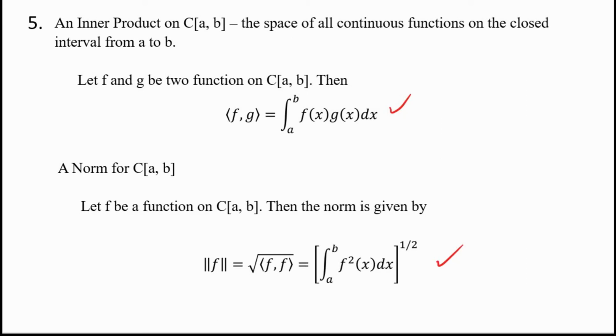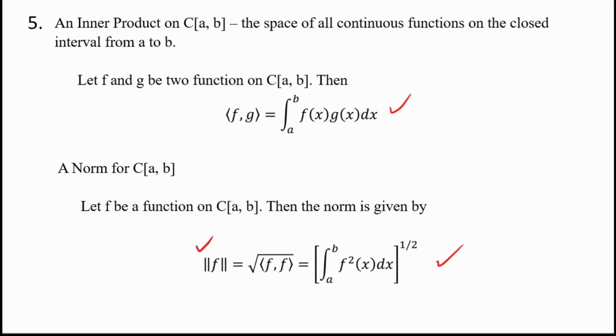If I remember right, the inner product of functions f and g is given by the integral of f times g dx on the interval from a to b, and the norm is taken from the inner product.